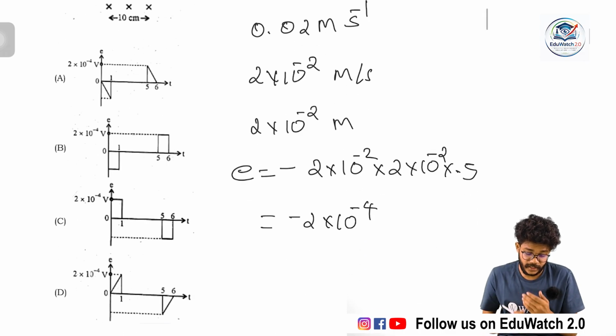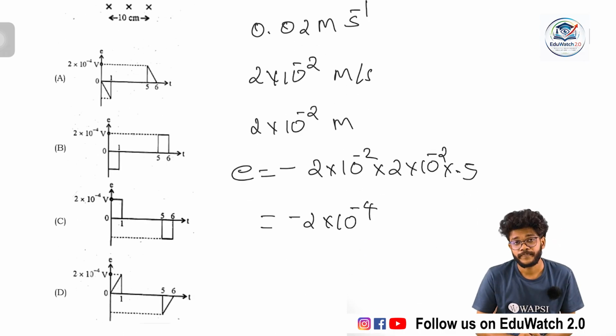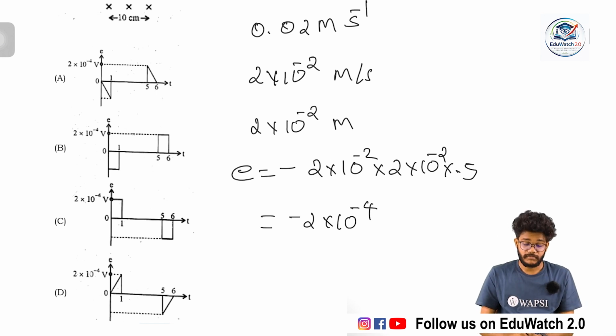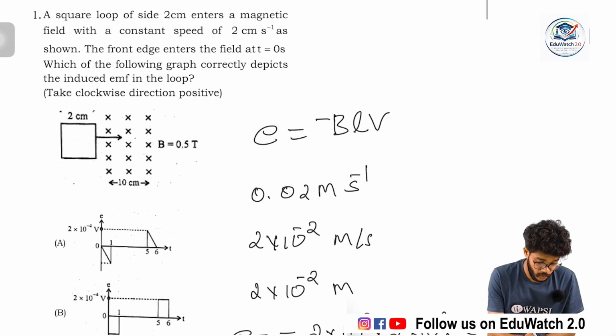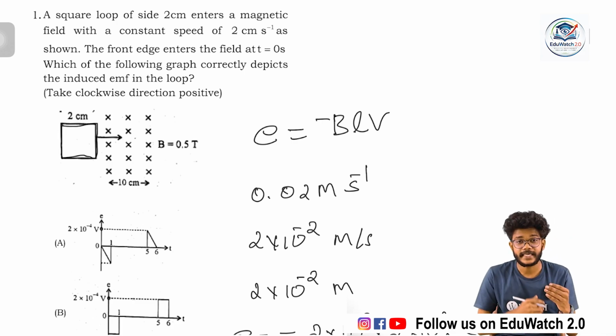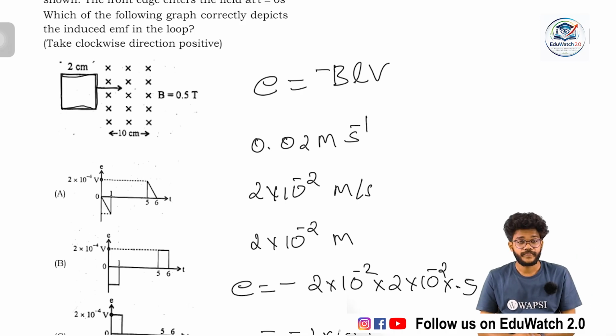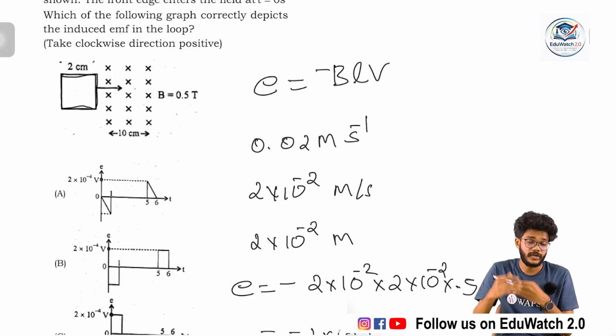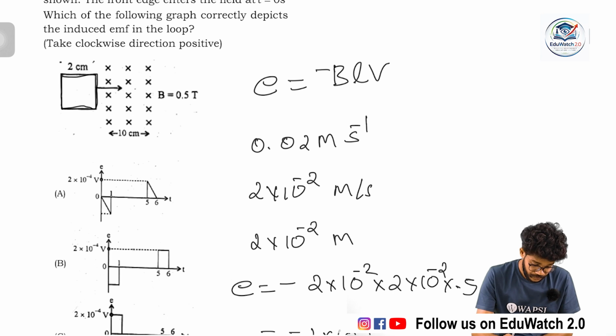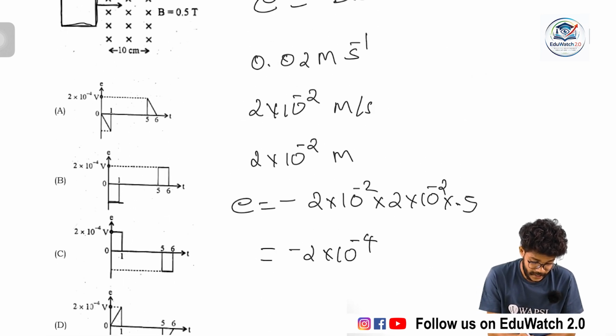That means when it is entering, the value will be constant throughout, and when the entire loop is inside the magnetic field, there is no change in flux, so it goes to 0. After that, the loop starts to get out of the field, and then a positive flux change will be there. So first it shows a negative EMF, and then it will show a positive EMF.